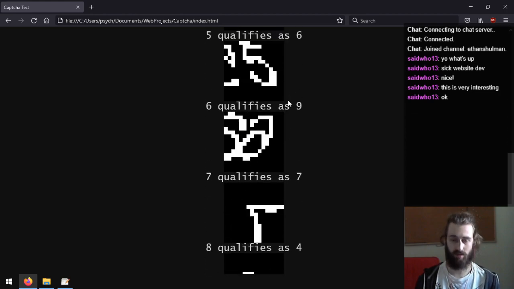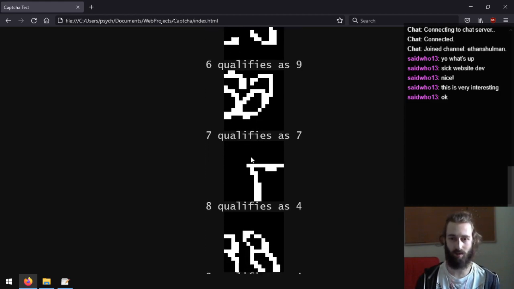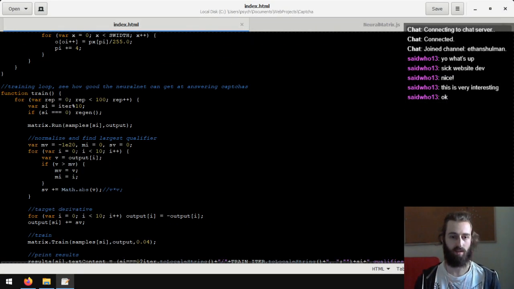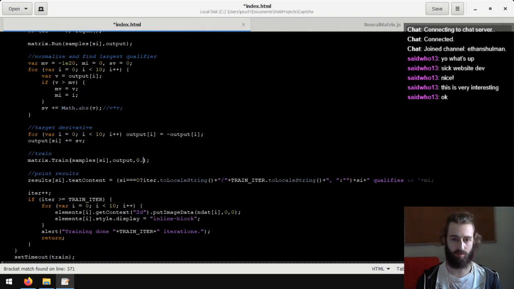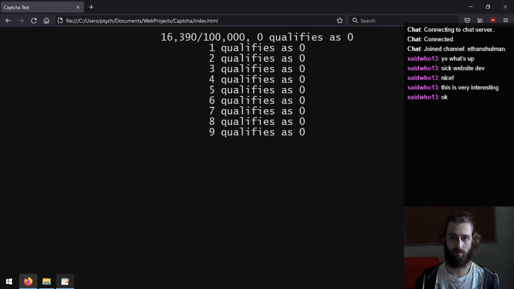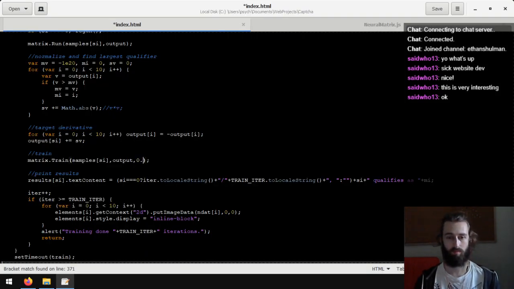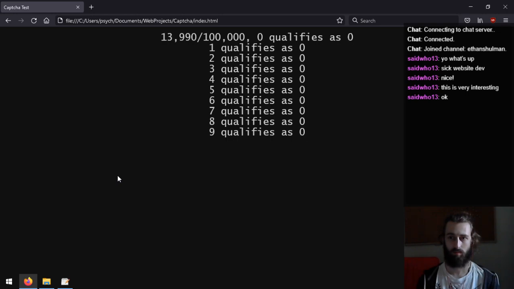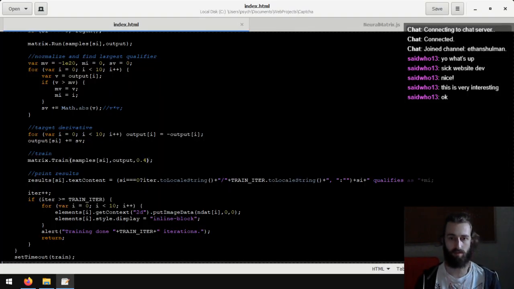It got 6 is 9, which actually kind of makes sense because 6 does kind of look like 9. It got 7 is 7. Okay, so it's kind of correct. I think we had enough training iterations. I'm going to try changing the training rate or precision. Oh, okay, so that gets them all to 0. That eventually hits 0, 2.